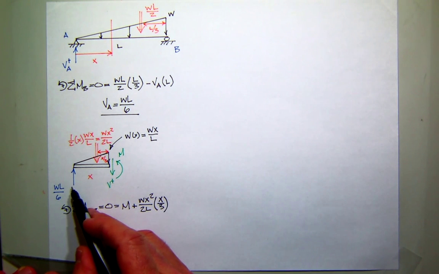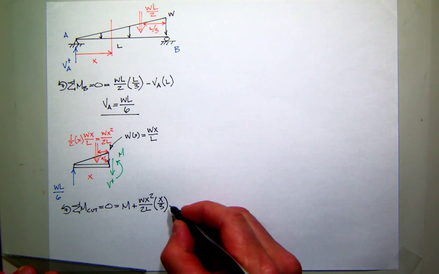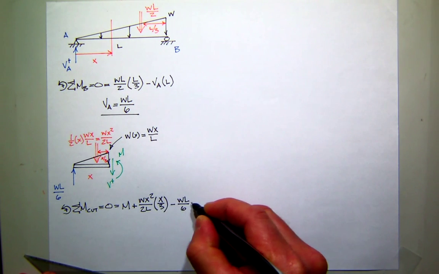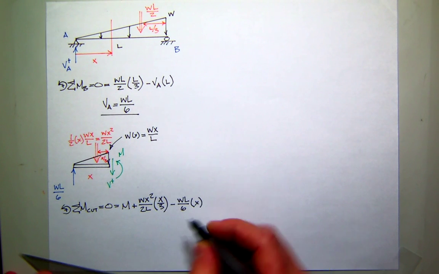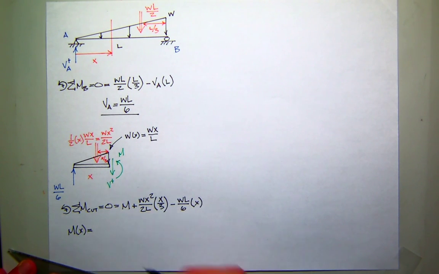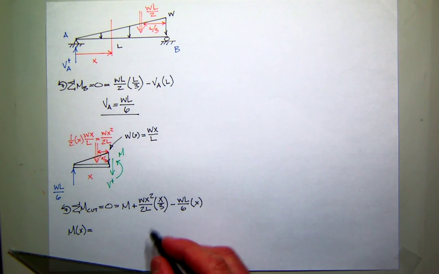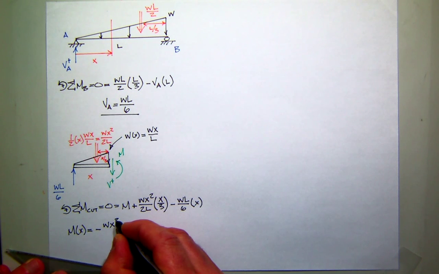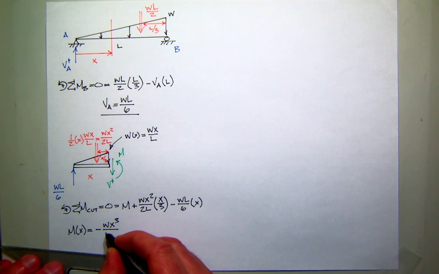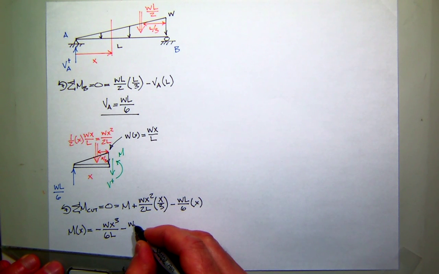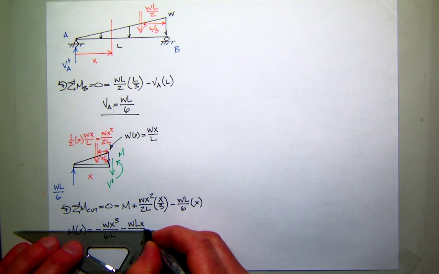And then the reaction at the end creates negative moment of WL over 6 is the force, and the moment arm is x. So we'll solve for the moment. The moment as a function of x will be, let's see, the first term is going to be negative Wx cubed over 6L minus WLx over 6.